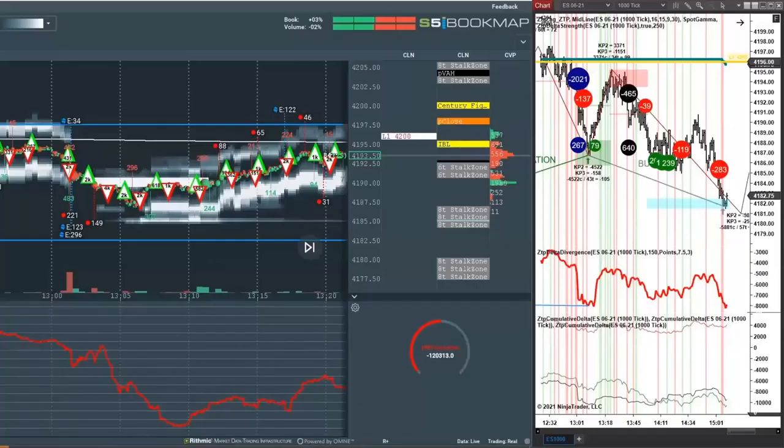Now, here's an example of some real-time hedging activity that was picked up from Bookmap and Spot Gamma. The picture on the left is Bookmap, and it has Spot Gamma's HIRO indicator, and HIRO stands for the hedging impact of real-time options.